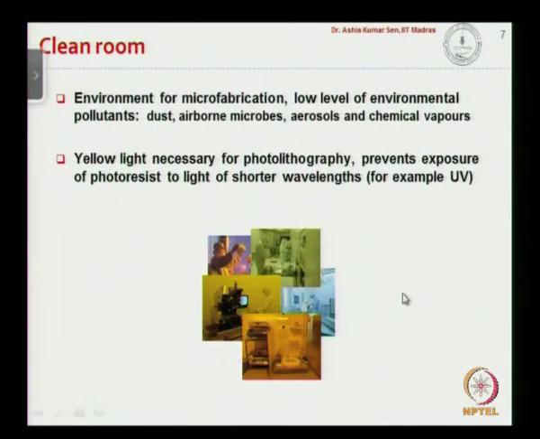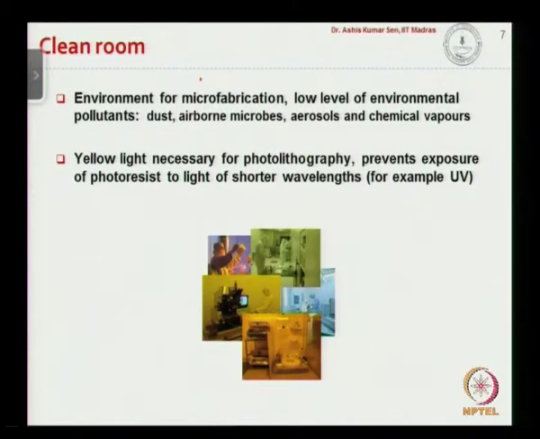So, next we talk about clean rooms. Clean rooms are the environments where we fabricate these micro devices.